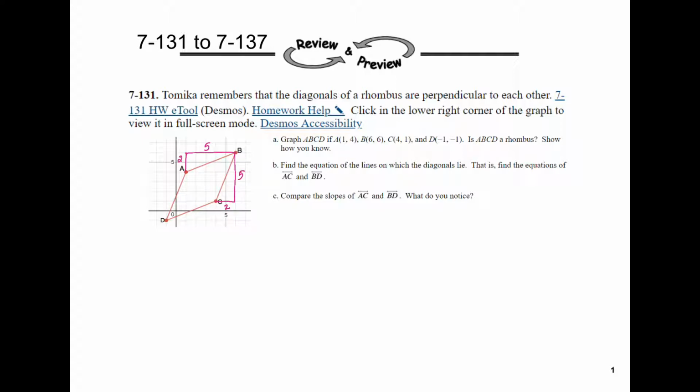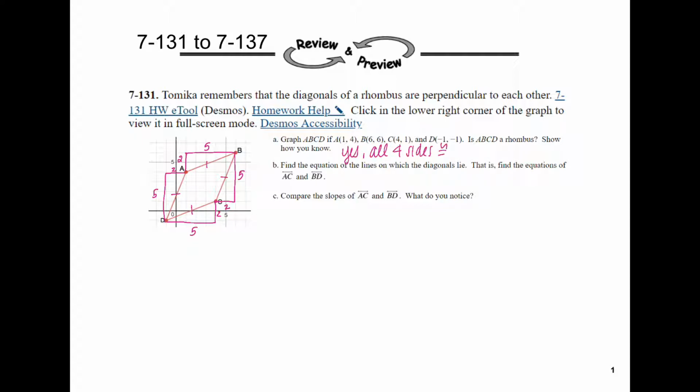From D to C is up 2 over 5, and from D to A is up 5 over 2. So if I use the Pythagorean theorem, all of my hypotenuses would be the exact same length. So yes, it is a rhombus because all 4 sides are congruent.